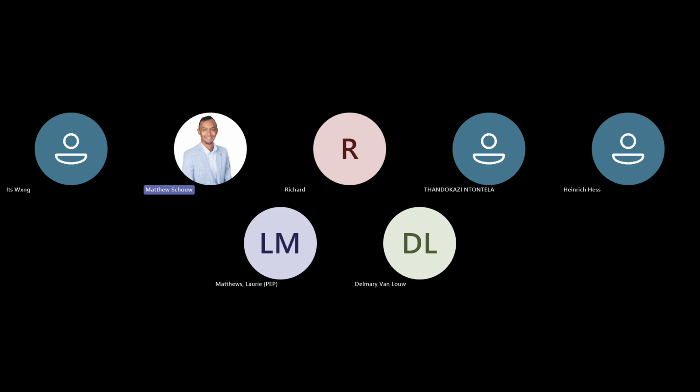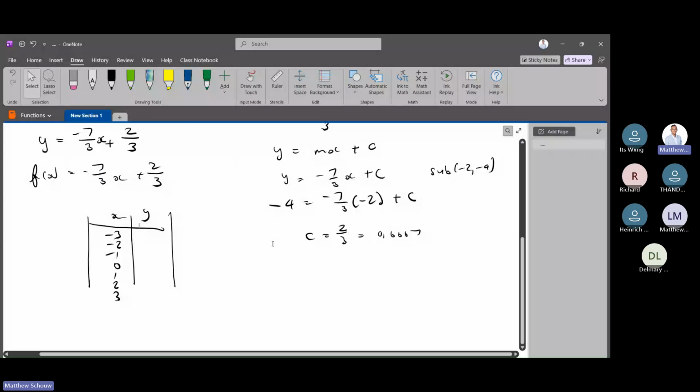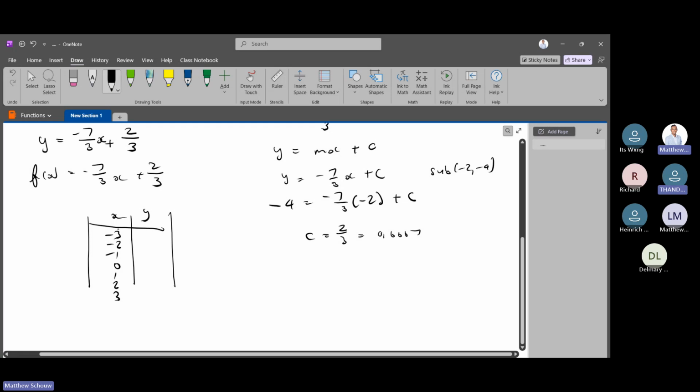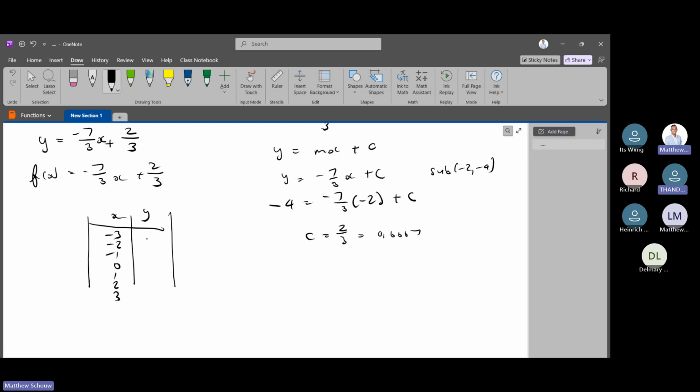So once you have your points, let me just quickly share. Yeah. Can someone just read the y values for me quickly, if you don't mind? 7.66. Perfect. Next one. 5.33.